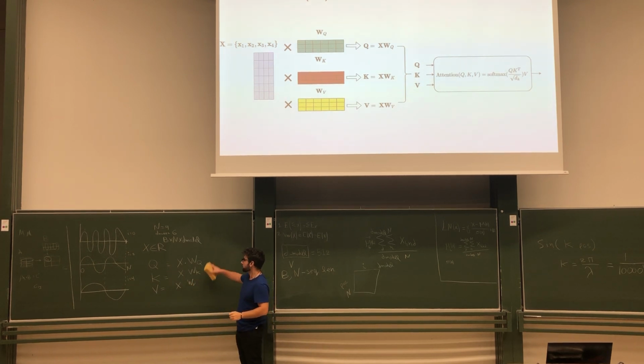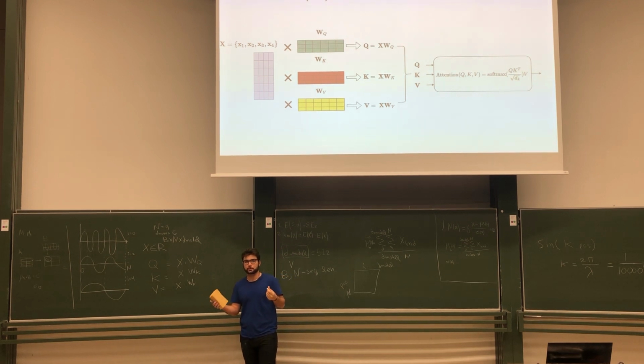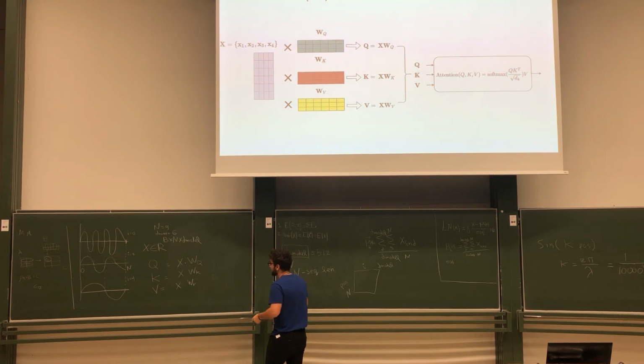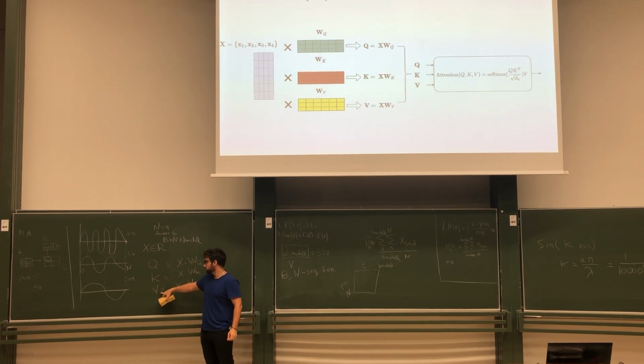These 3 are linear projections that will be optimized via backpropagation, and at least for self-attention, we will end up with 3 different representations of the same input sequence.